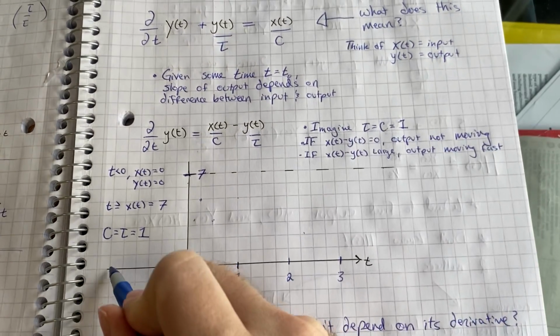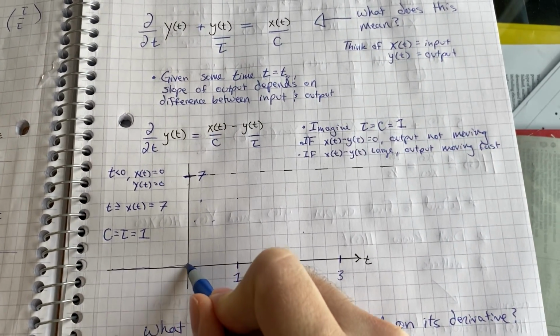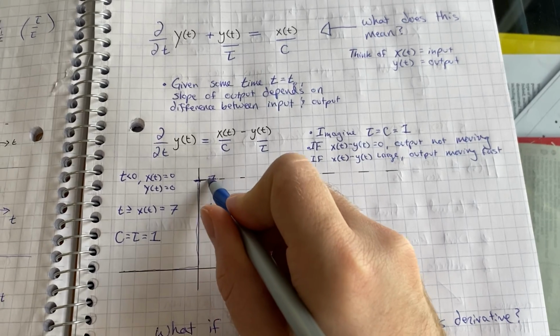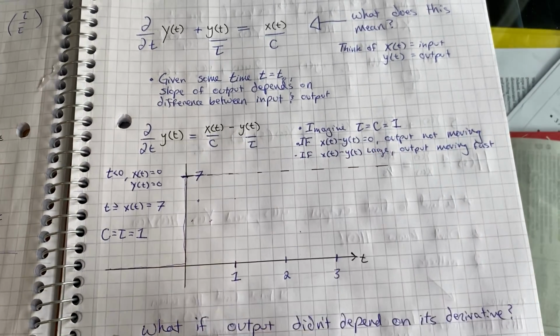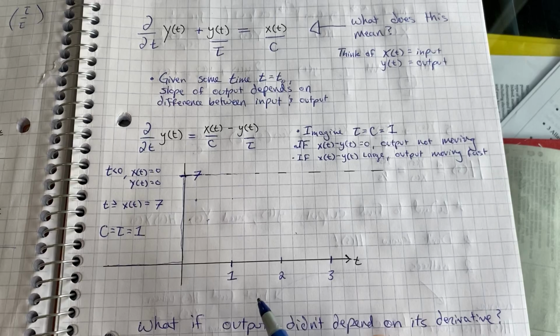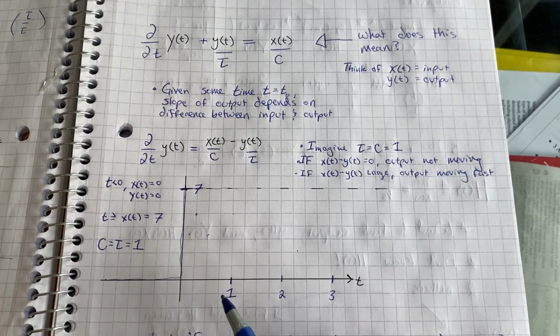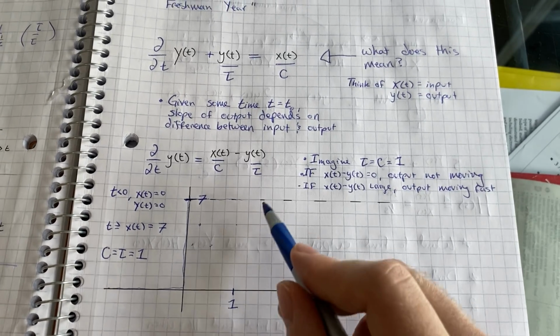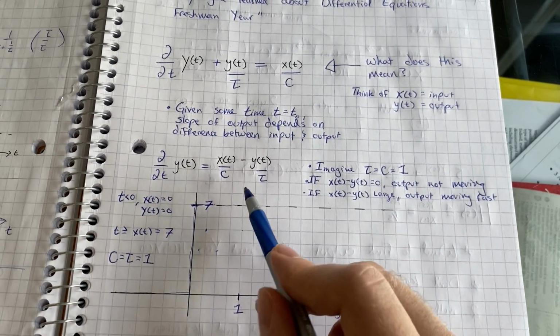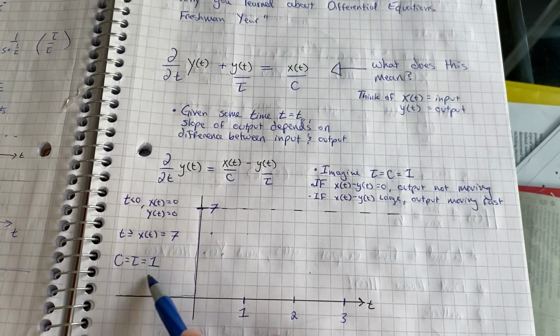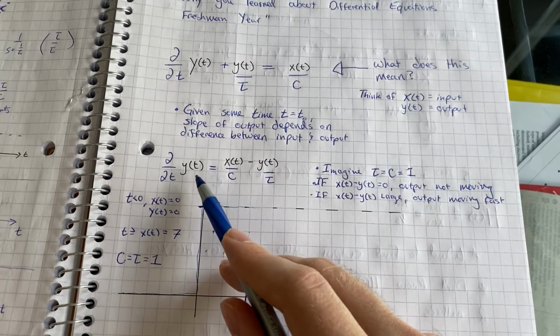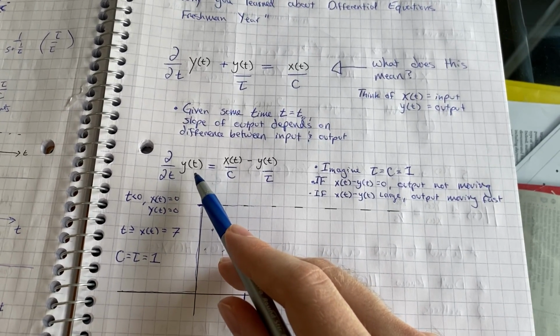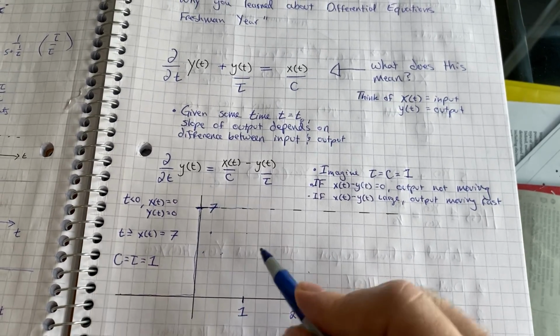X of t goes from 0 before 0, rises all the way up to 7, and continues on from t positive. So at first approximation here, if we have a difference of 7 between the output and the input, since we're setting these equal to 1, that means the derivative should be 7, a slope of 7.